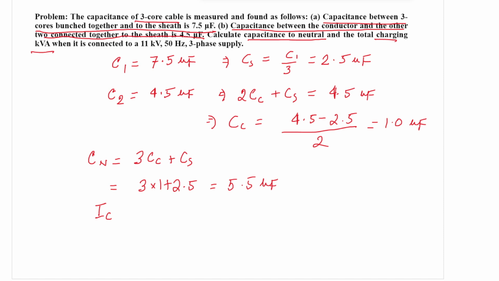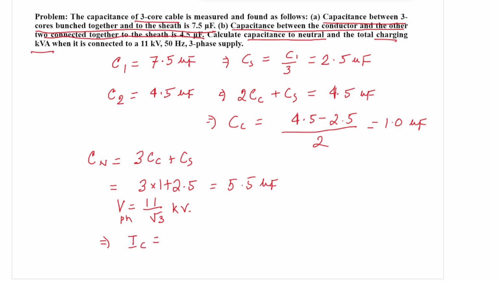Okay, so you have V, you have 11 kV, so per phase is 11 by root 3. So for charging kVAR, what will be IC?